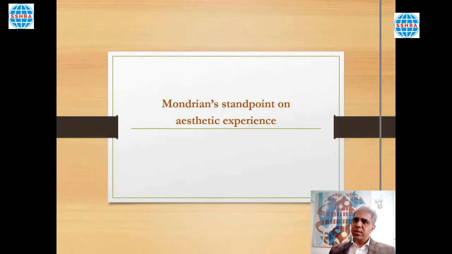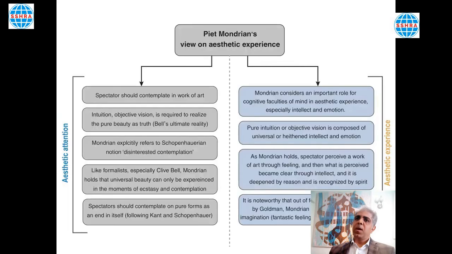let's see what Piet Mondrian says about aesthetic experience. Okay, here are actually the findings in my article. You can see on the right side, Piet Mondrian says, in some instances, something like a formalist. He says that a spectator should contemplate the work of art, or intuition, objective vision is required to realize pure beauty as truth, as Bell, for example, called it ultimate reality.